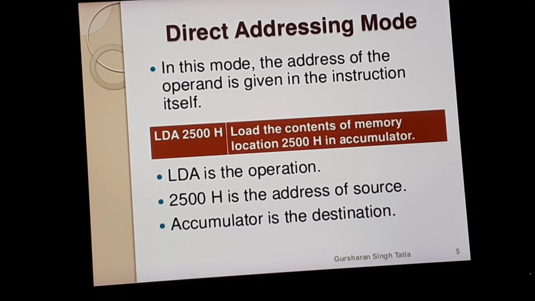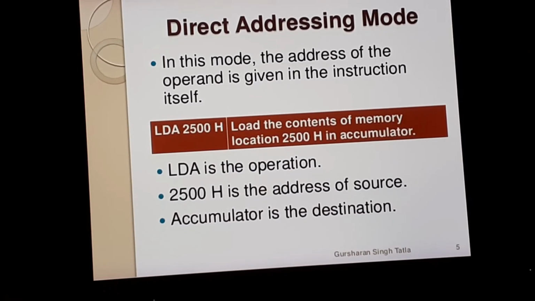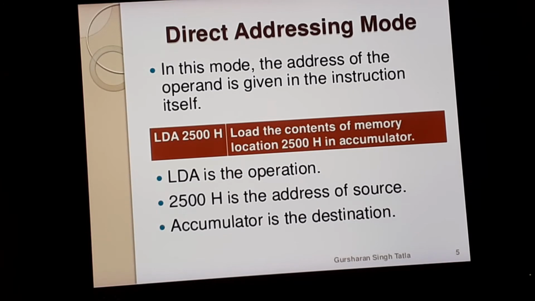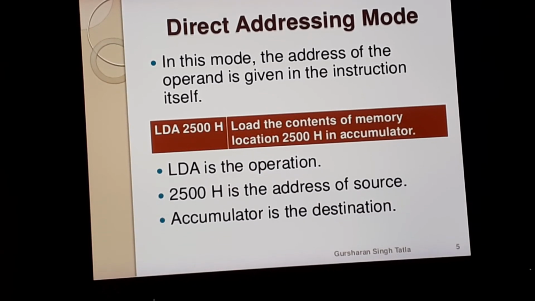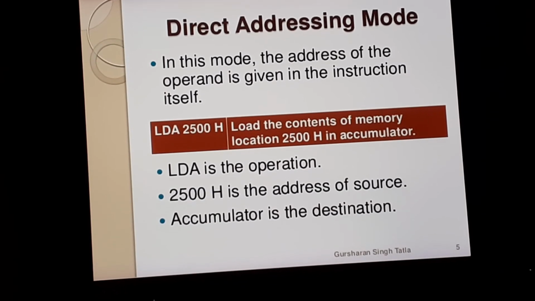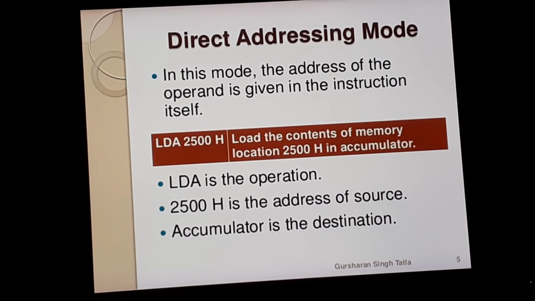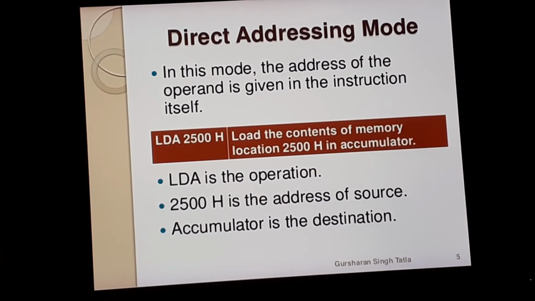So what this instruction does, it will load the accumulator directly from this particular address that I have written. So hence it is said that in this addressing mode, the address is always given in the instruction itself. And the accumulator is nothing but the destination. So the data is always loaded into the accumulator, you can say.